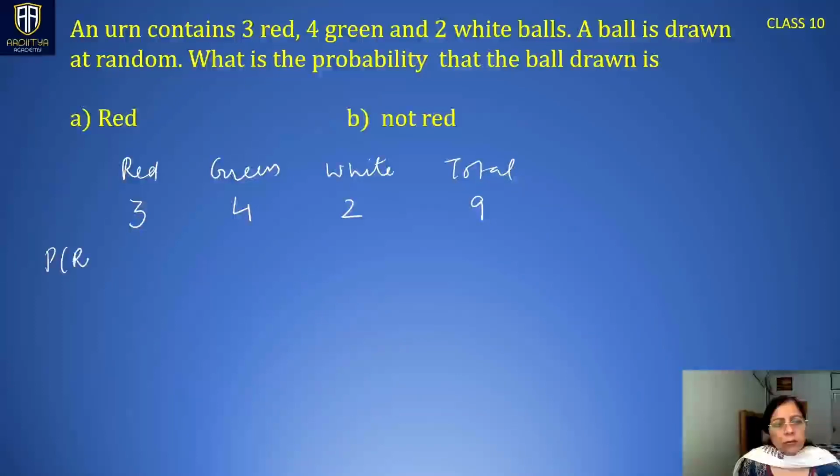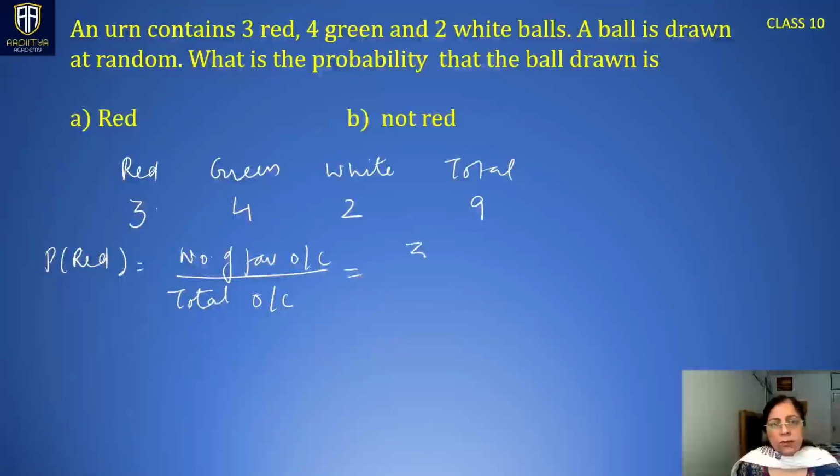Probability of a red ball is number of favorable outcomes upon total outcomes. Number of favorable outcomes for red is 3. So you can write 3 in the numerator and total outcomes here are 9. The probability of getting a red ball becomes 1 by 3.